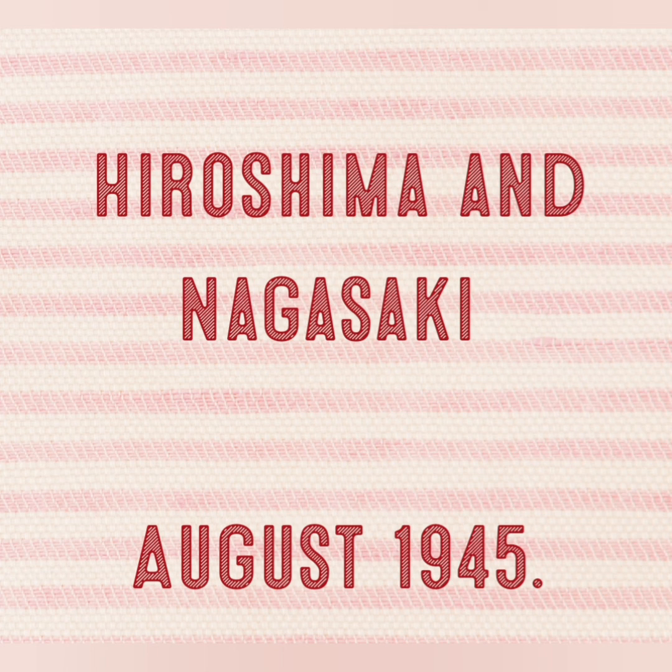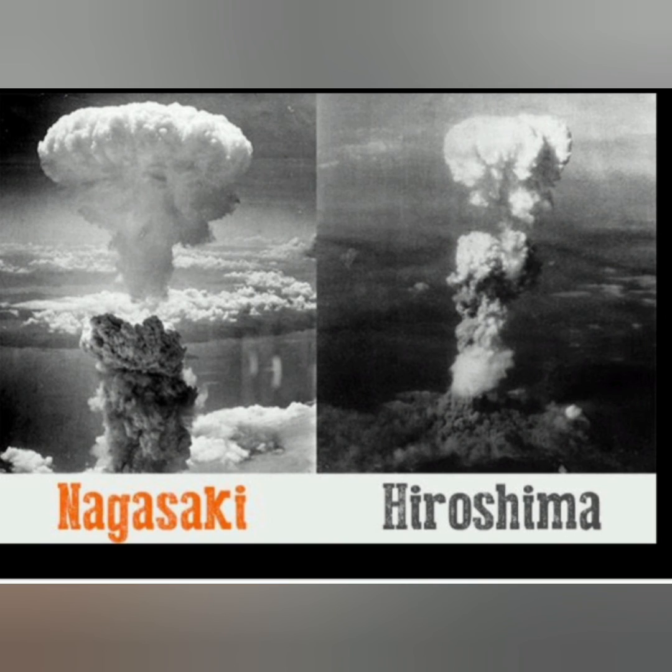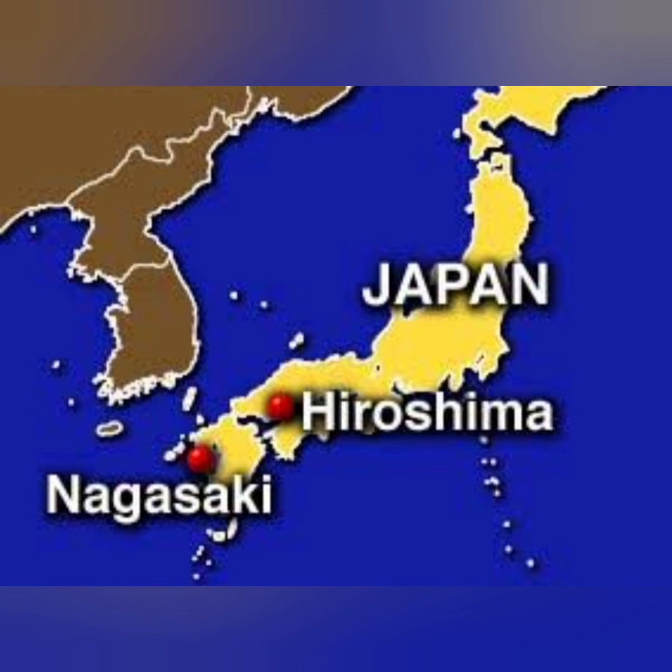Hiroshima and Nagasaki incidents in August 1945. These places are situated in Japan. As a top secret project using the latest scientific advances, the United States developed an atomic bomb. Japan refused to surrender, so the US dropped an atomic bomb on Hiroshima.